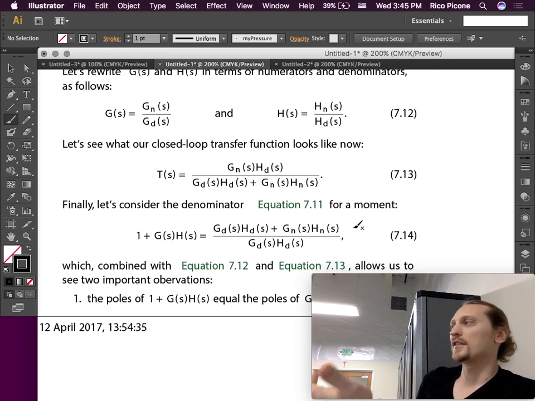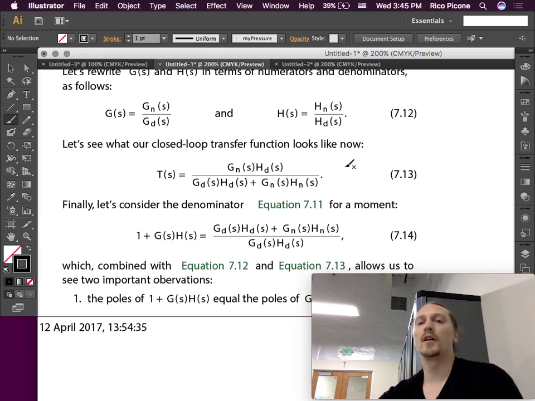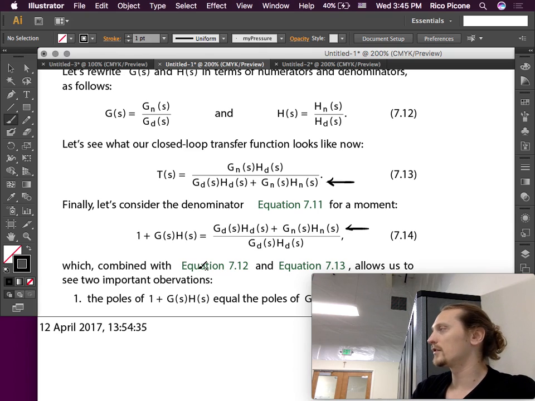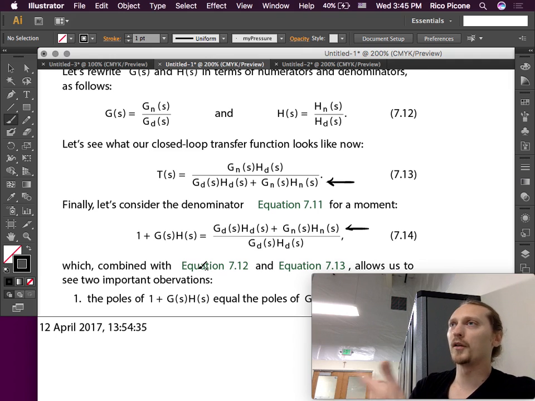And that's a key move, because we want to know about the denominator of the closed loop transfer function. It turns out that denominator shows up as the numerator of 1 plus GH. And 1 plus GH is much more accessible because we know GH pretty well. We know where those poles and zeros are.